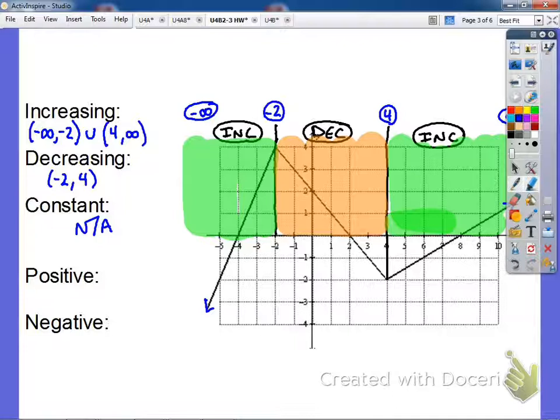All right, now I'm interested in where the graph is positive or where it is negative. Okay, so I see a couple sections here.